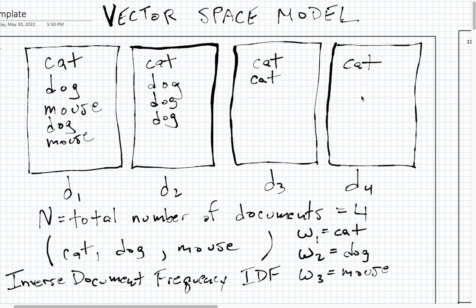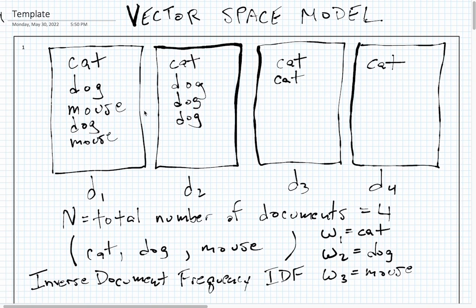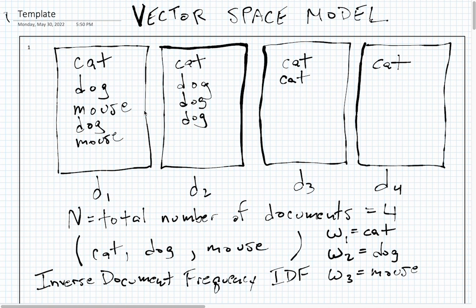But now I want to measure what I call an internal measure. An internal measure has to do with how many times words appear within a document. I'm going to write this down here at the bottom, and it's going to help us a little bit. The number of times that cat appears is once. The number of times that dog appears is twice, and the number of times that mouse appeared was twice.